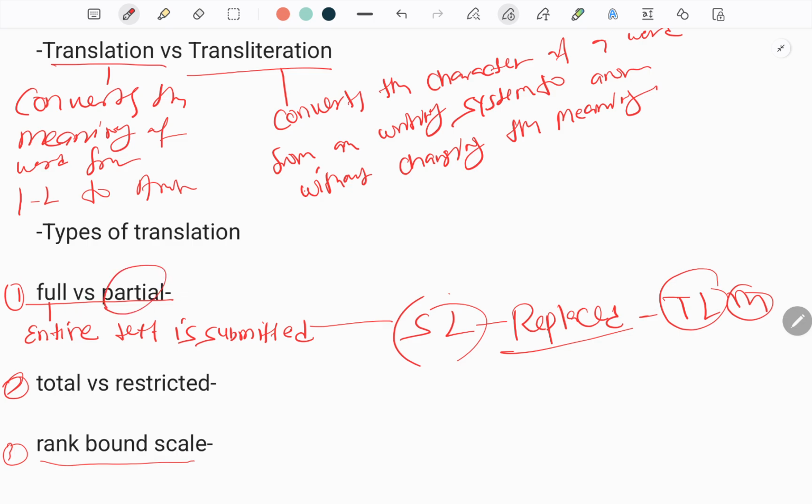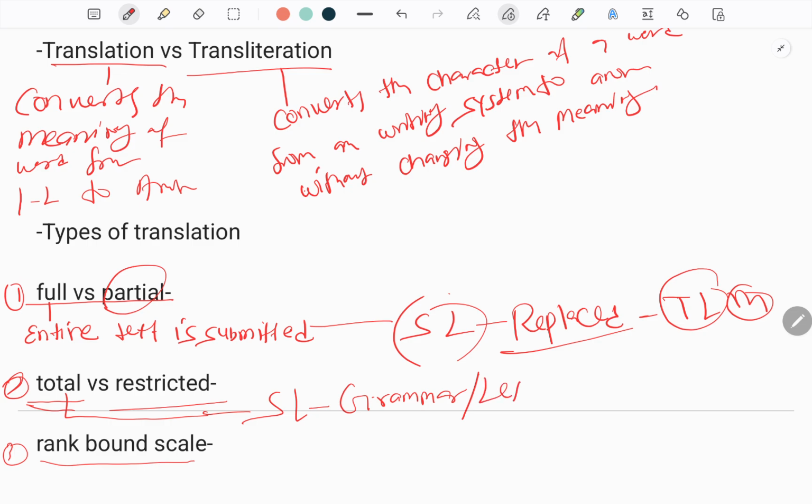The next one is total versus restricted. What is total translation? In total translation, the source language grammar and lexis are replaced by equivalent target language grammar and lexis.